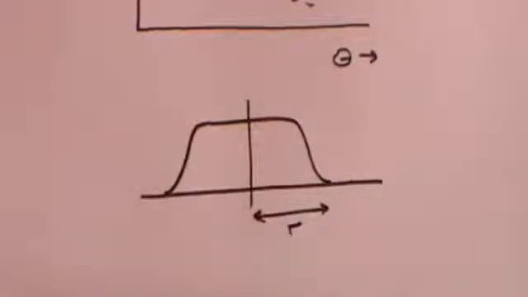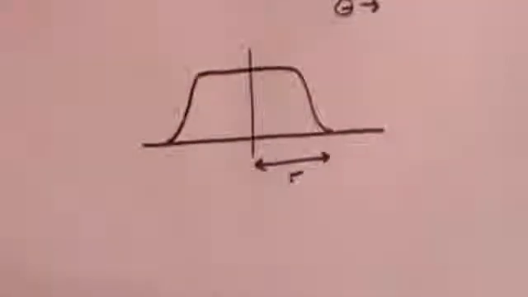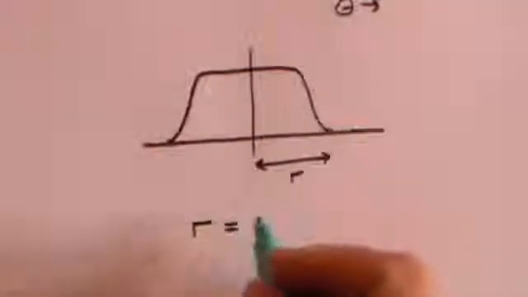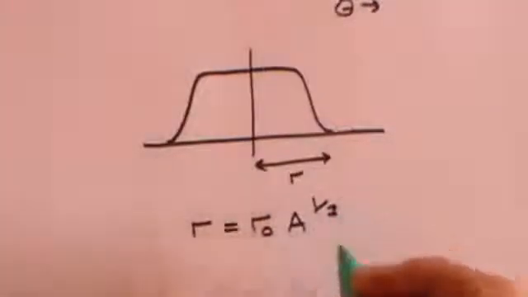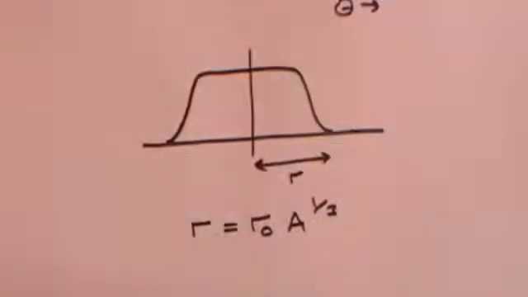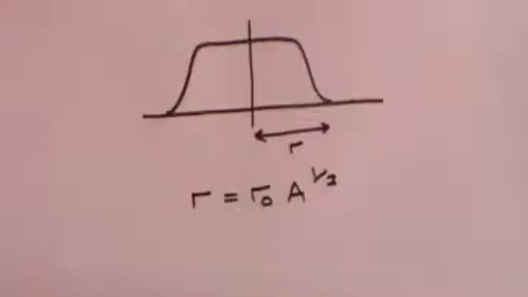From the scattering techniques over a wide range of elements, it was found that there's a simple formula that enables you to calculate the radius of any given element, and that radius is equal to R0 times A to the 1/3, where A is the nucleon number of the element, that is the total number of protons and neutrons in the element, and R0 has varying values.